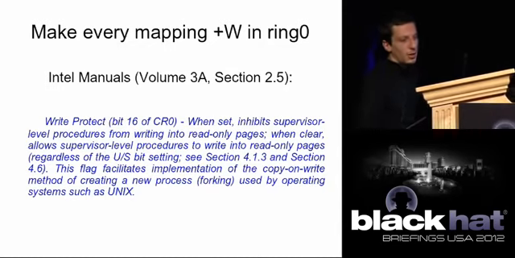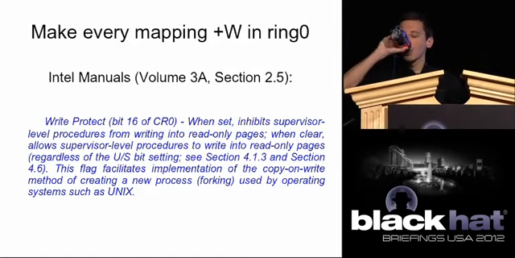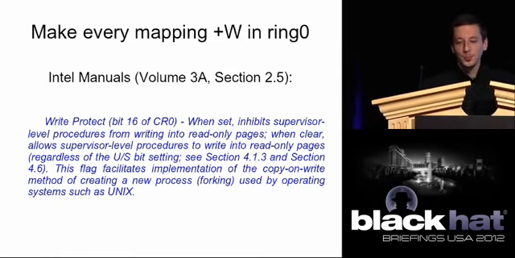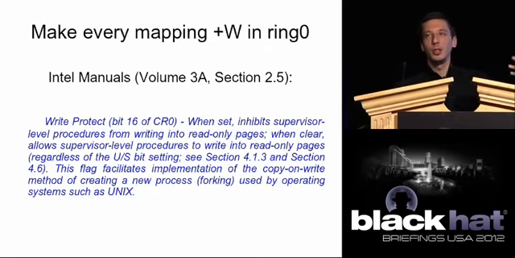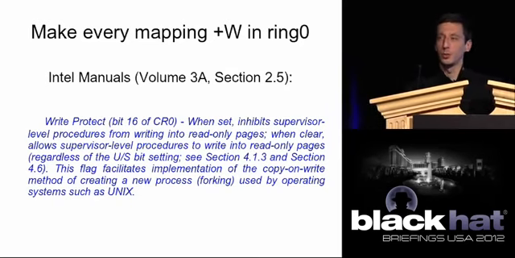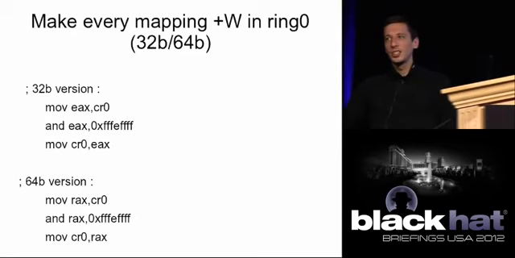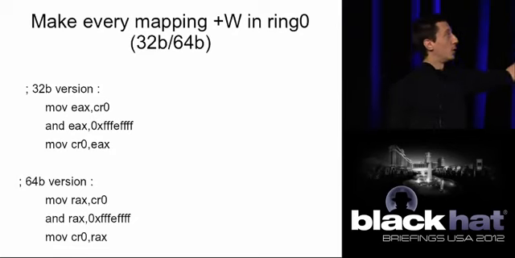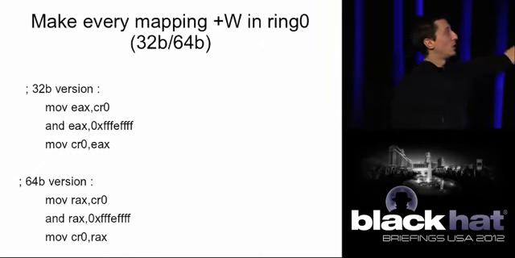So the idea there again, by the Intel manuals, you have a specific bit which, if you flip, makes everything which used to be read-only in memory writable again, which is a super massive cool feature. It's the 16th bit of CR0, the control register 0. It's very straightforward. You just read CR0 into EAX, you mask the bit 16 and you write it back.